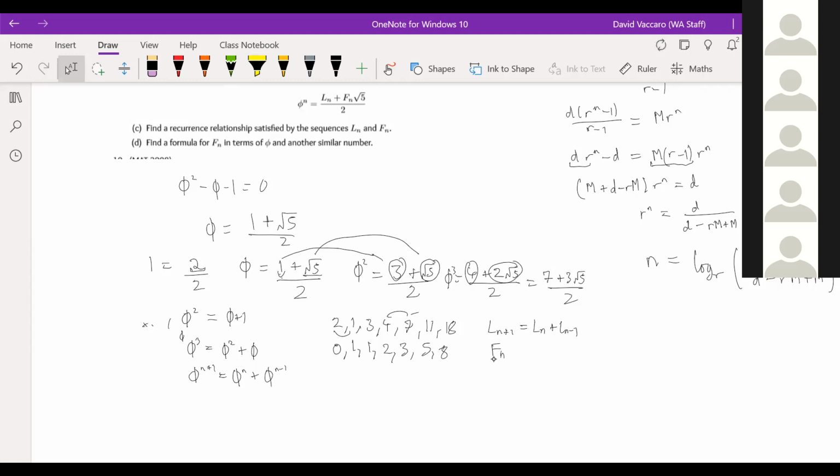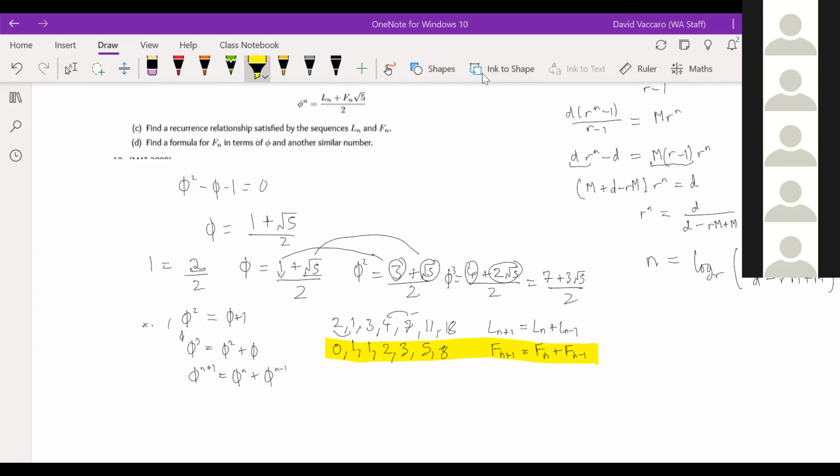And this second sequence, which we'll call Fn, satisfies Fn plus 1 equals Fn plus Fn minus 1. Pub quiz knowledge, which I imagine everyone here knows. What do we call this sequence? The Fibonacci sequence.